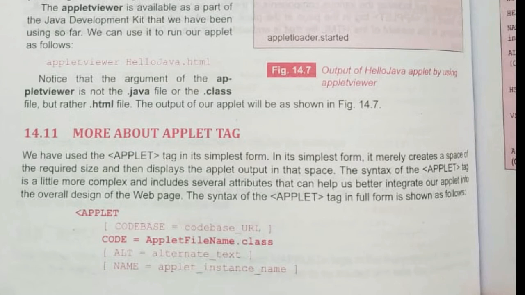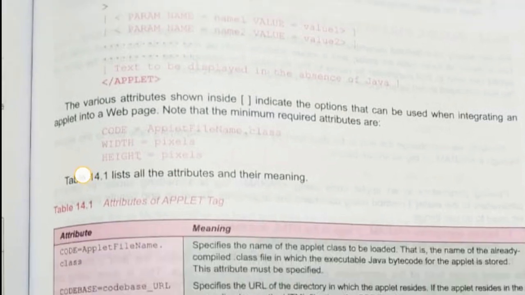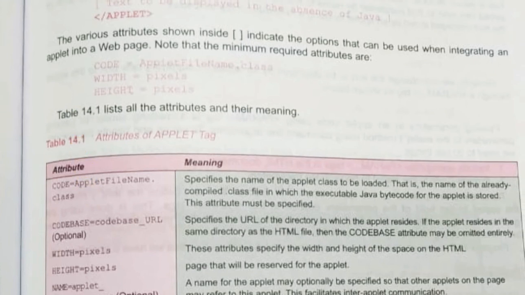The syntax of the applet tag in full form is shown as follows. The various attributes shown inside indicate the options that can be used when integrating an applet into a web page. Note that the minimum required attributes are width, height and code. Here is a list of all the attributes and their meanings. Attributes of applet tags.